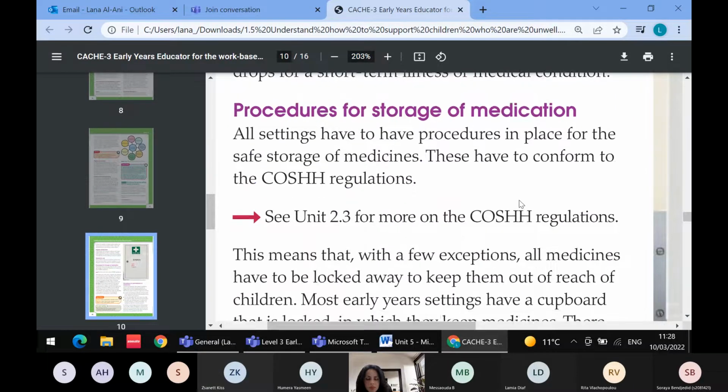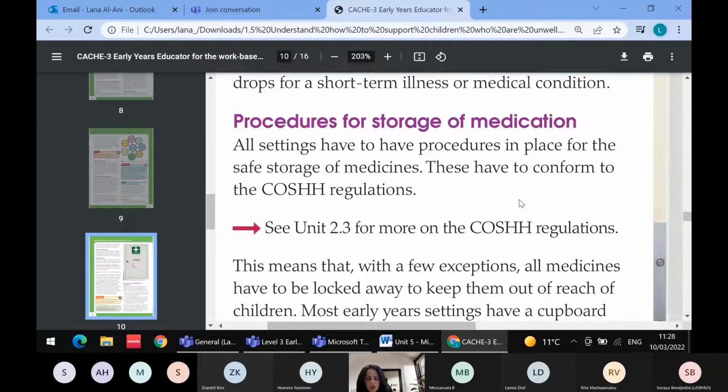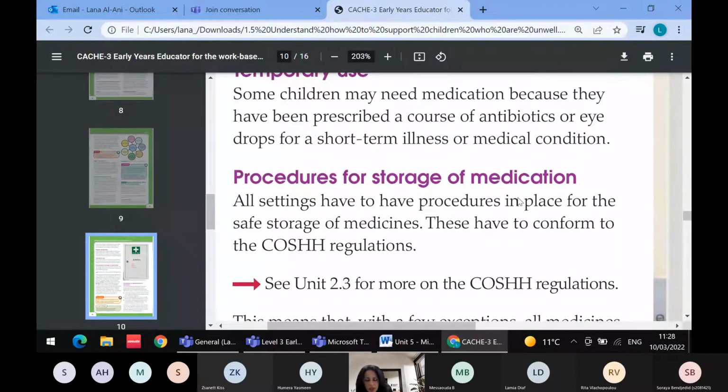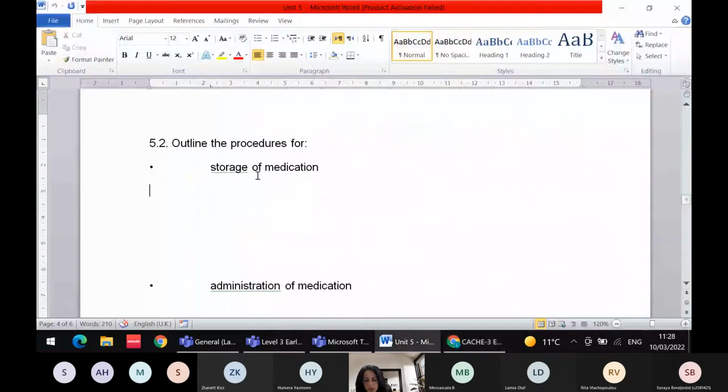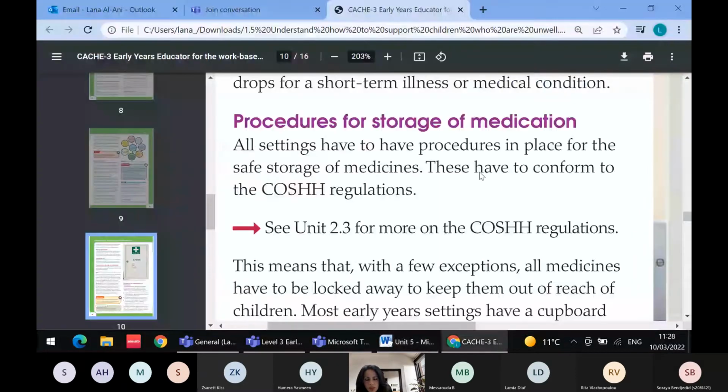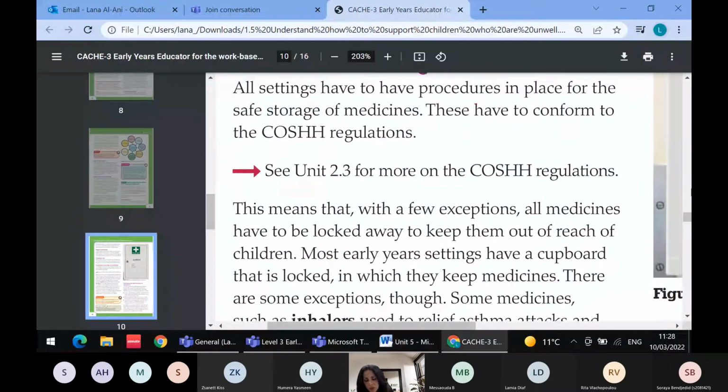What is the procedure for storage of medication? This is the answer for the question. It says, what's the procedure for storing medication? So what's the procedure, how do we keep these? All settings would have a procedure in place to store medication, and it is required by law.